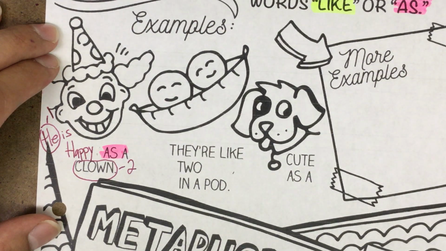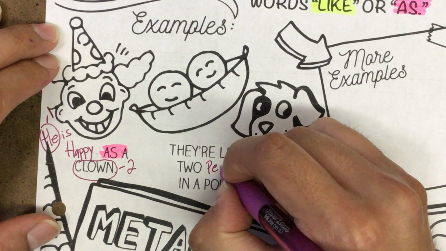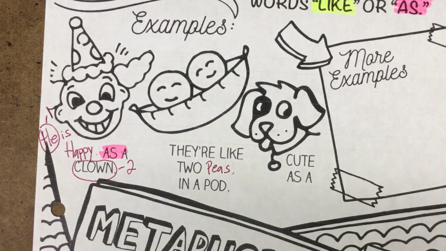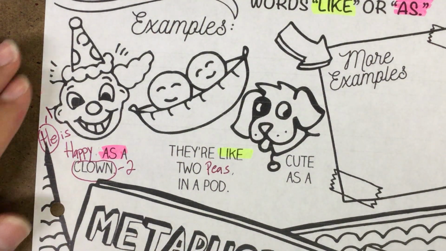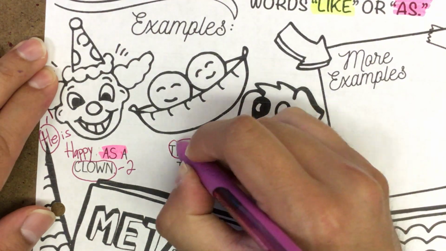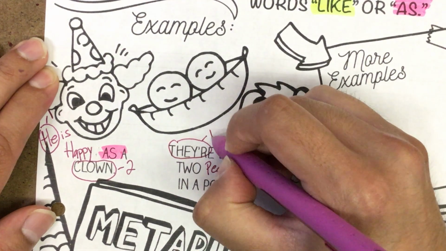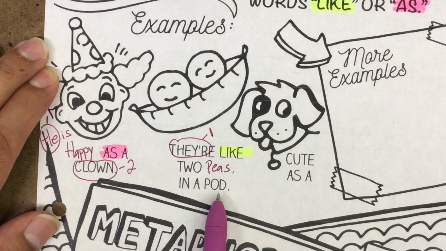Your second example, they are like two peas in a pod. Our clue word is like. They are comparing these two people. This is the contraction word, they are. That's how you read it. So one thing is being compared to peas in a pod.